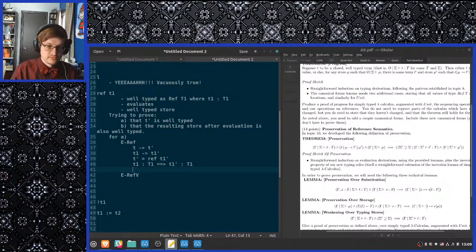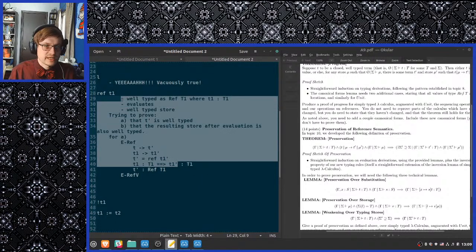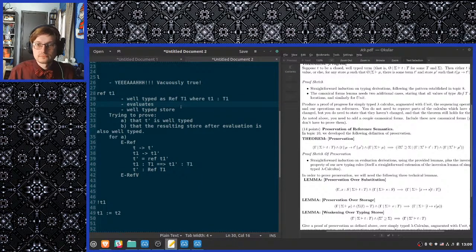So, given that t1 has type T1, and that t1 prime has type T1, we can say that t prime has type reference T1, which, those of you who are quick on the uptake will notice, is actually the same type that t has, right? I don't think I put that explicitly in this, but that's the inversion lemma, right?